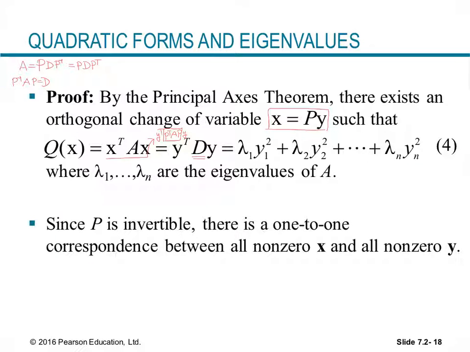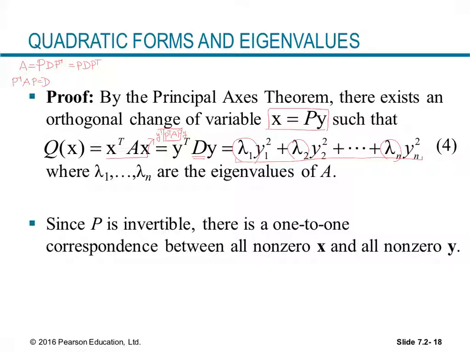Since D is the diagonal matrix of eigenvalues lambda 1 up to lambda n, this product just results in this summation. And of course, lambda 1, lambda 2 up to lambda n are the eigenvalues of the matrix A.